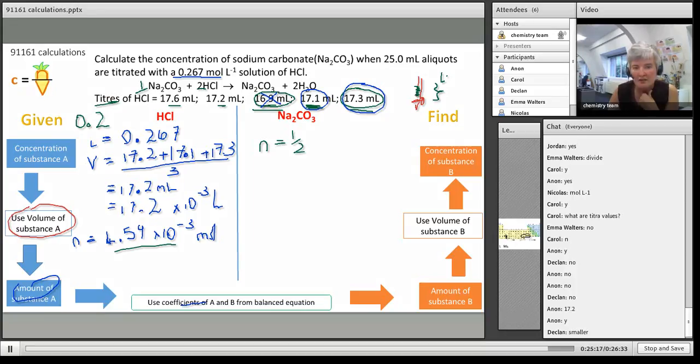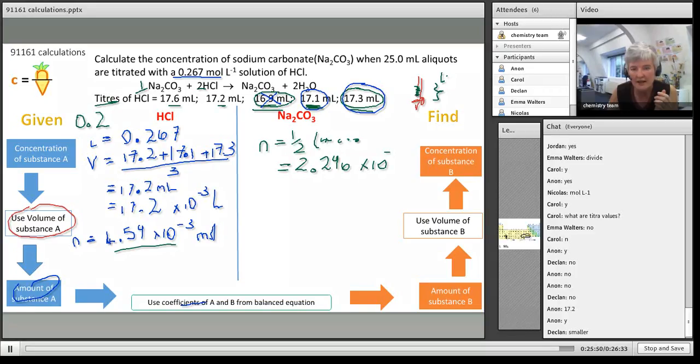So it's half times that 4.59 dot dot dot, and I'm just going to divide it by 2. And do you get 2.296 times 10 to the minus 3?